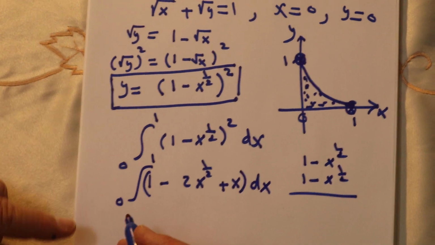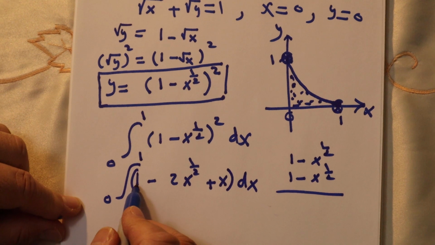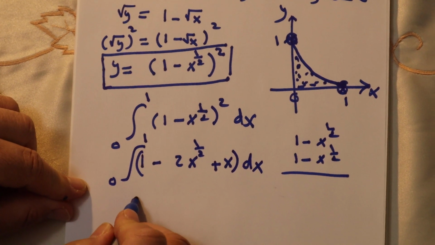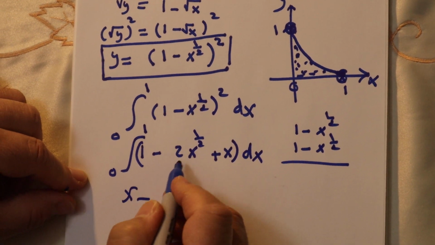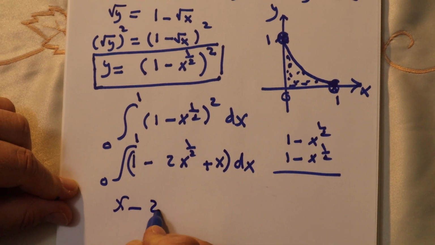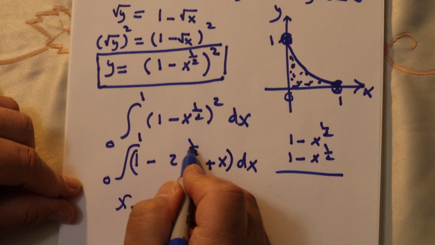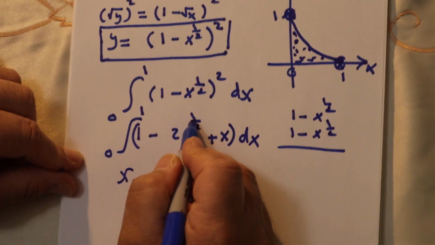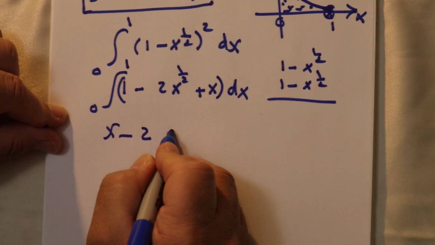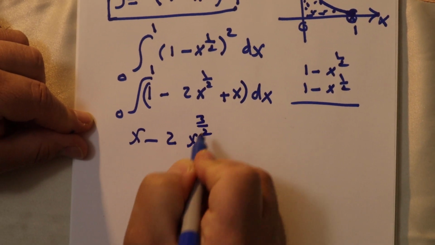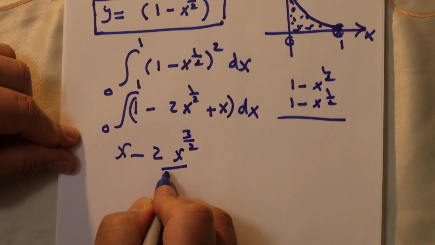Now we're going to do the integral. The integral of 1, as you know, is x, minus 2 times the integral of x exponent a half. Add 1 to the exponent: 1 half plus 1 is 3 over 2, so x exponent 3 over 2, divided by the new exponent 3 over 2.